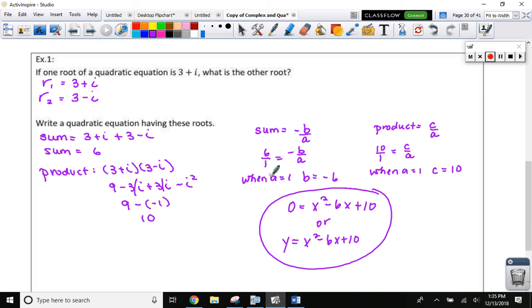How would I know by looking at the graph that it's all the way above, because it's positive? In other words, it's not going to be crossing the x-axis. If you look at the graph and it's hitting the x-axis, you know you've done something wrong, because they're imaginary roots, which means it should not have any x-intercepts. Are we okay on that piece?